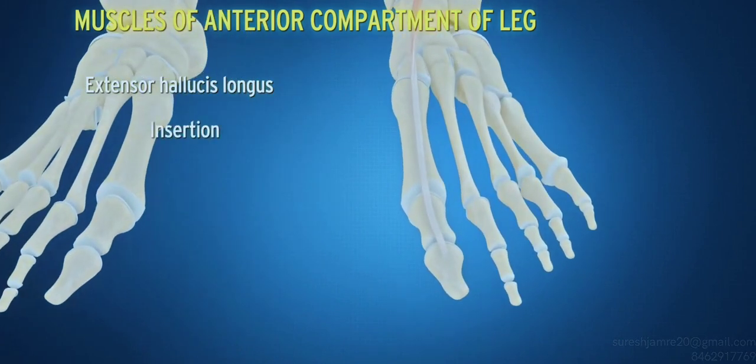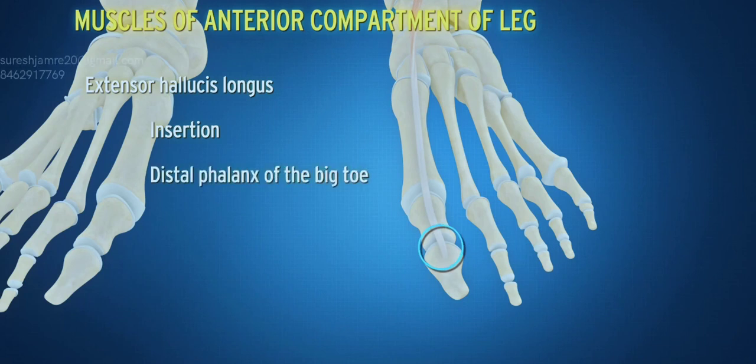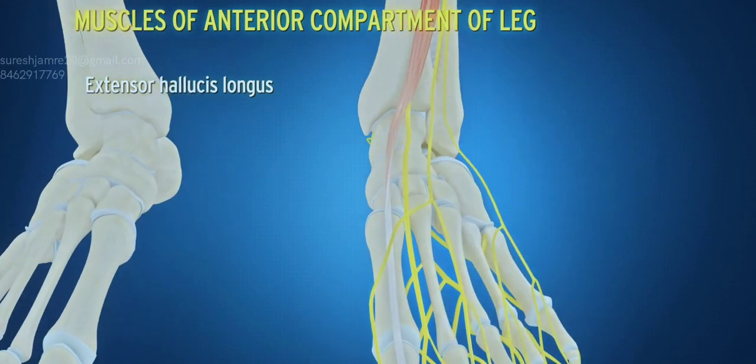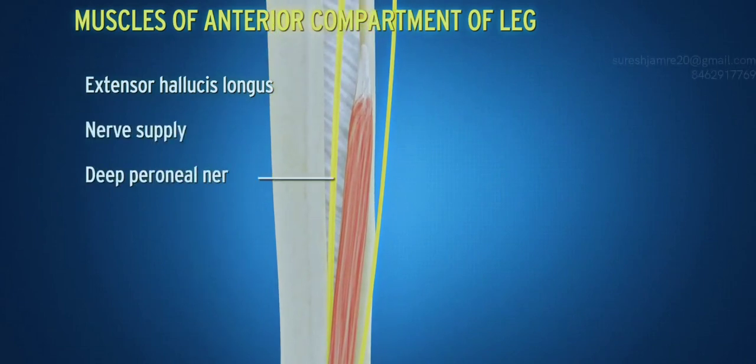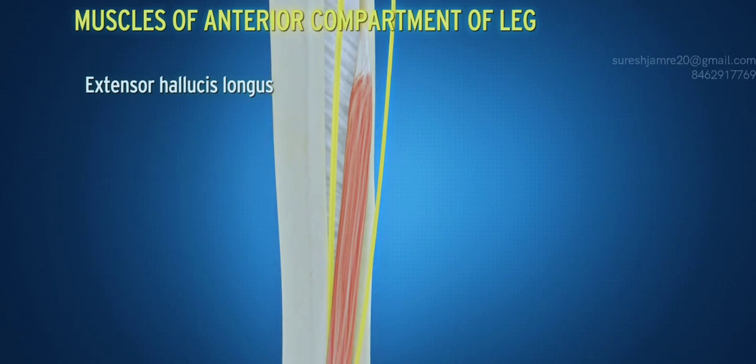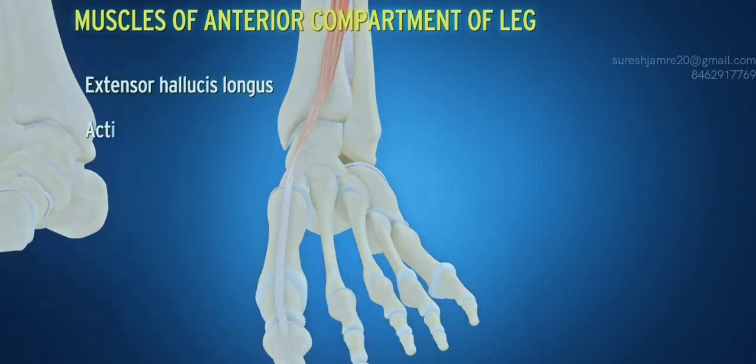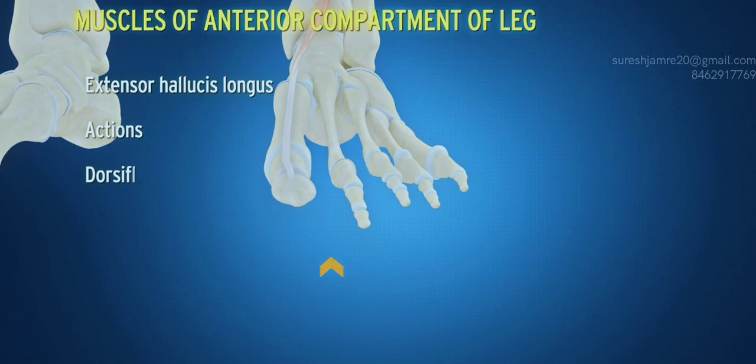Insertion into dorsal surface of the base of the distal phalanx of the big toe. Nerve supply. It is innervated by the deep peroneal nerve. Actions. Dorsiflexion of great toe.